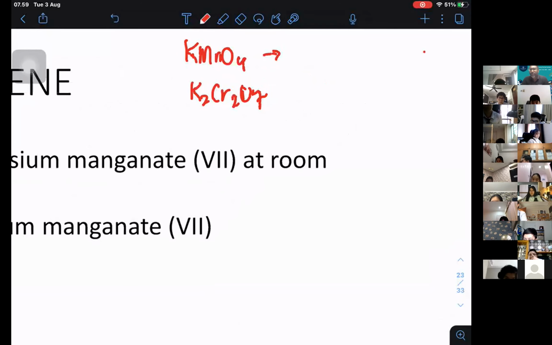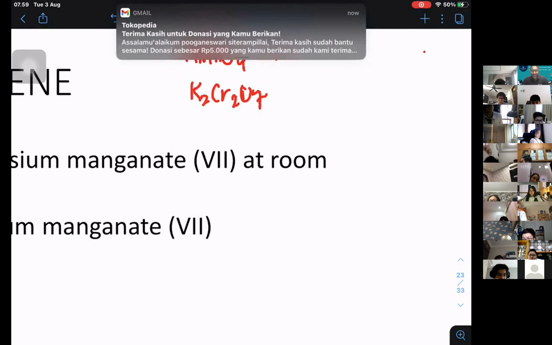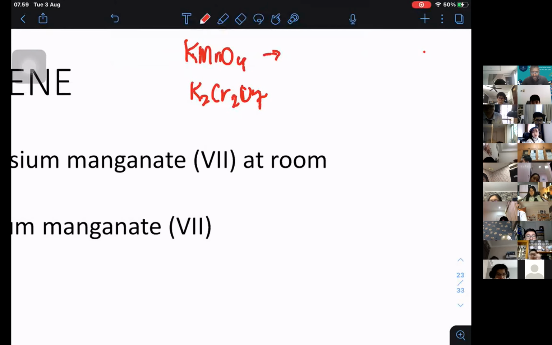Please remember also, potassium manganate in solid form looks like a black solid. I think one of the popular questions last time in science was to test for diffusion in solid.